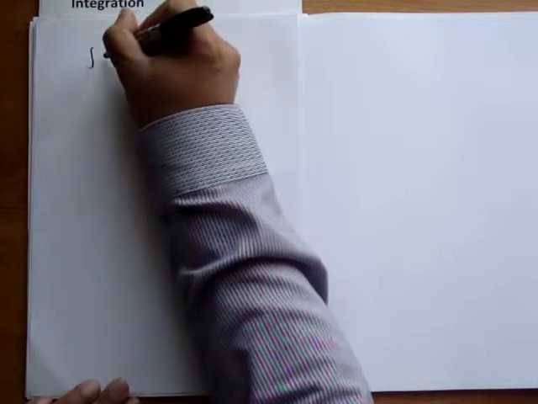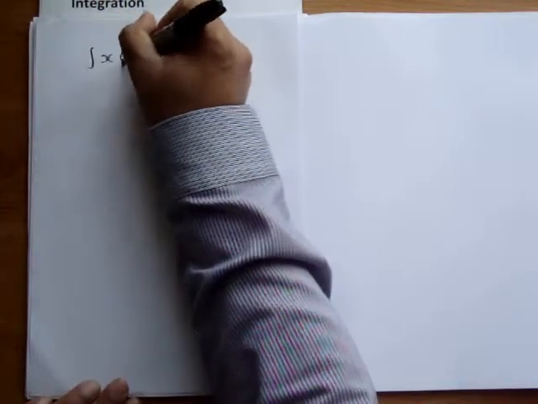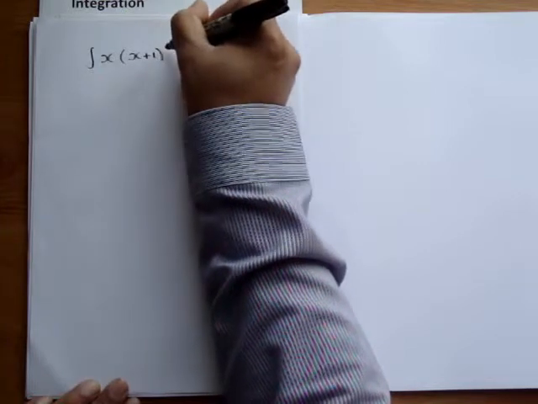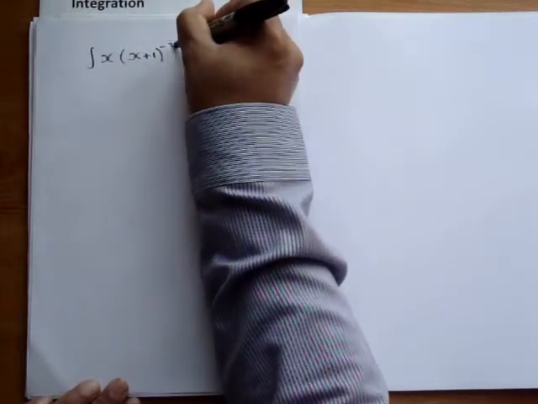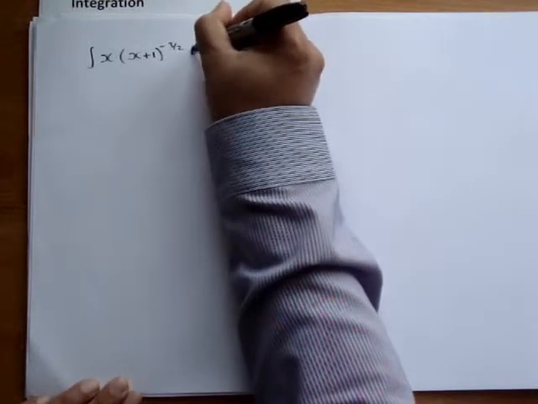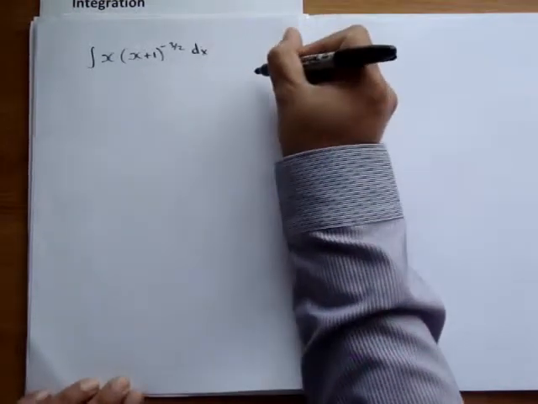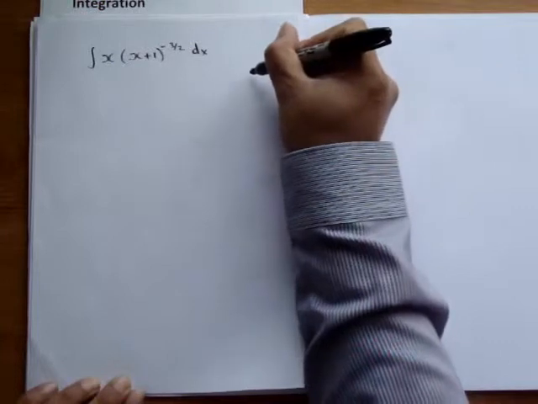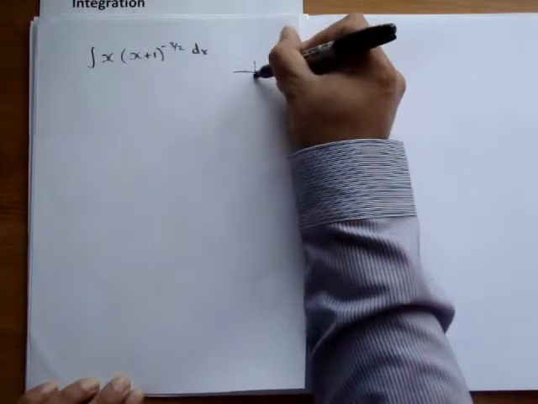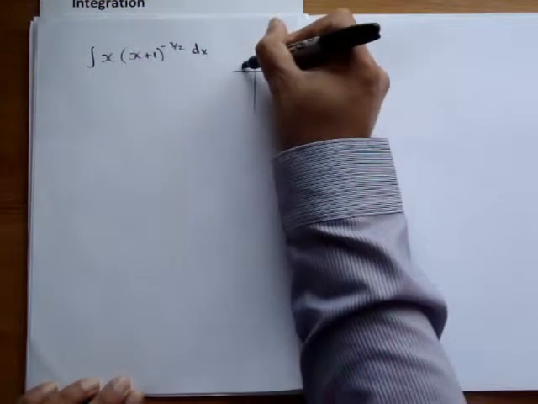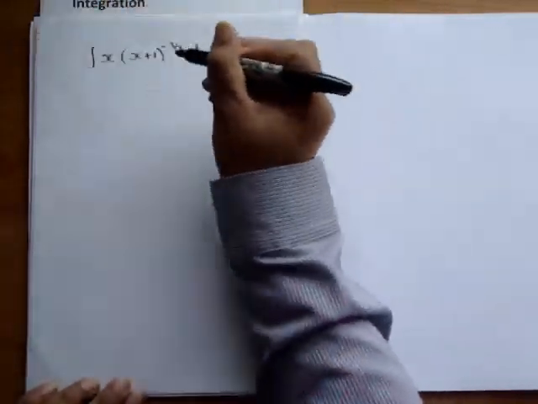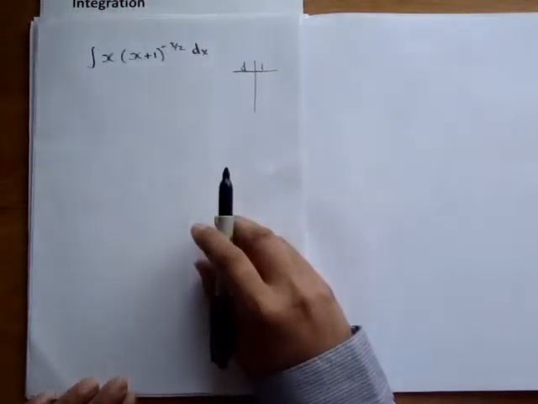Integral of x times (x plus 1) to the minus 3 over 2 dx. So if we make our table, we're going to differentiate here, we're going to integrate here, decide which is our u.